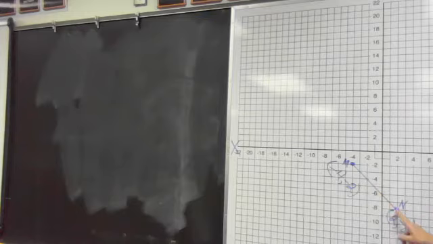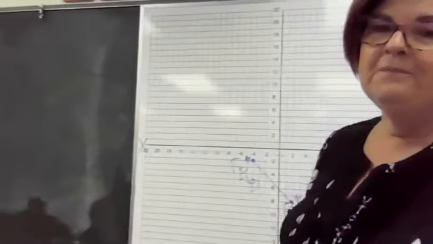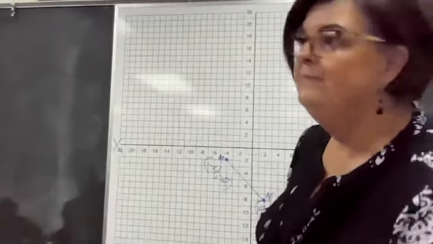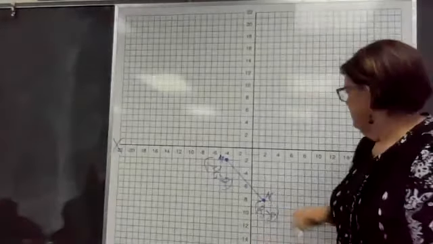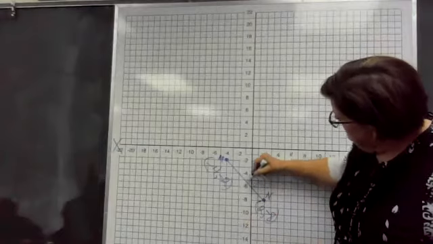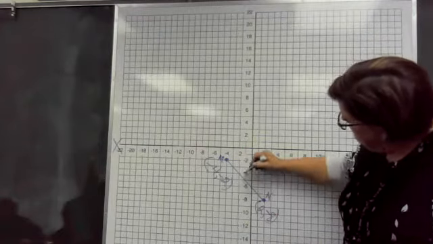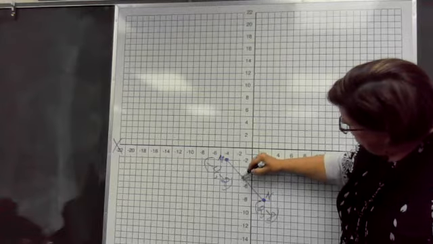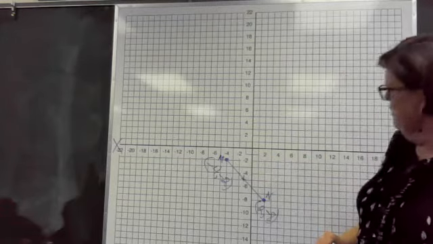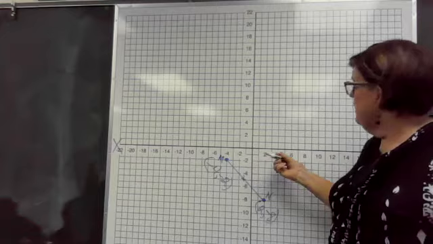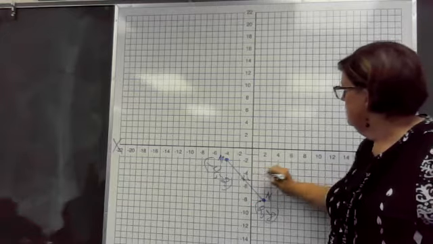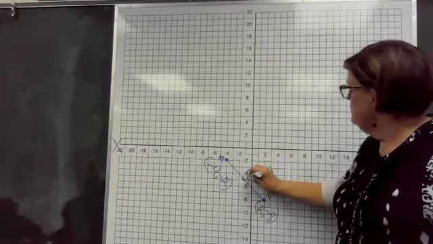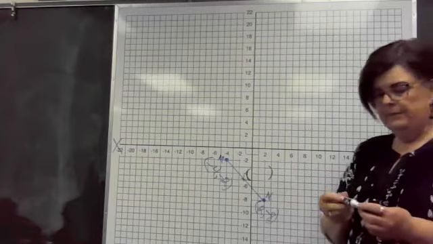They want the address of the exact middle of this segment. So let's say it's probably somewhere in here. Doesn't it look like half and half? But they're wanting you to find out what are the coordinates of this midpoint.